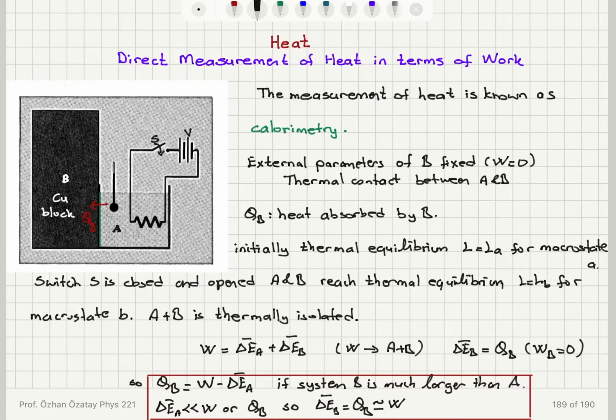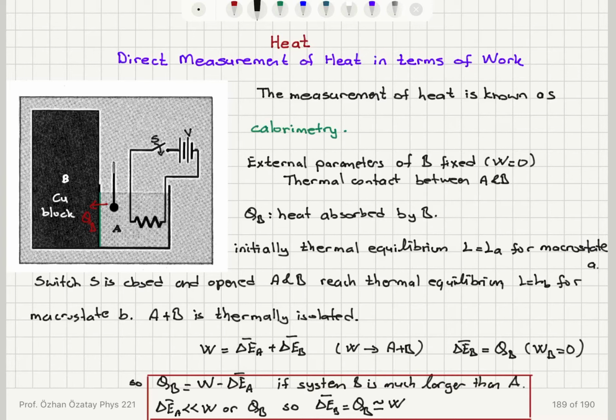So the technique with which we're measuring heat is called calorimetry, and we can do measurement of heat in terms of work. For example, when we have a copper block in thermal contact with a container that is filled with water, and the thermometer and the resistor is inserted inside.